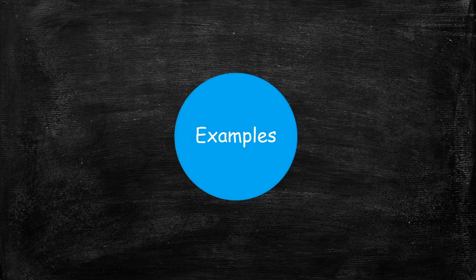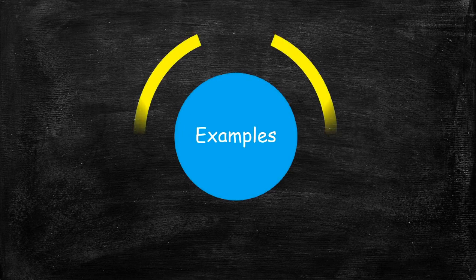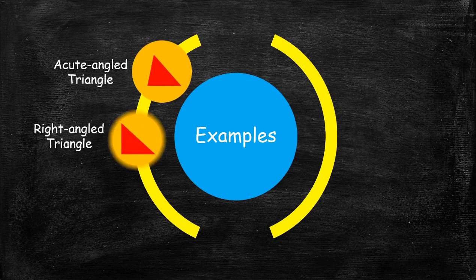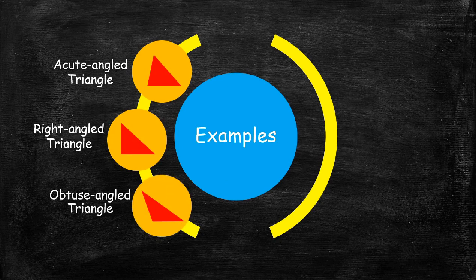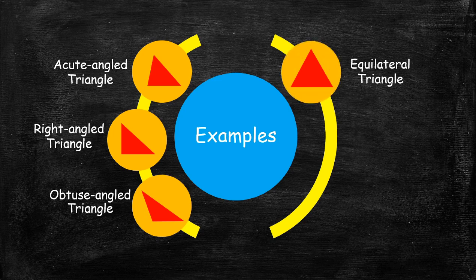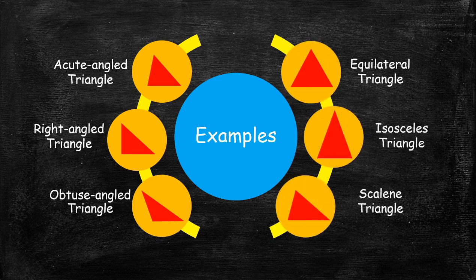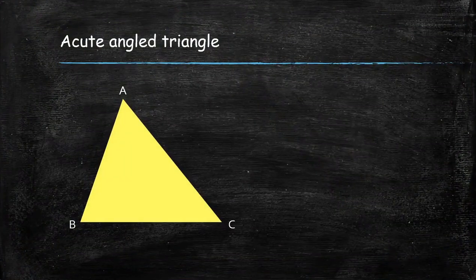Now let us see examples of all the types of triangles. Acute angle triangle, right angle triangle, obtuse angle triangle, equilateral triangle, isosceles triangle, and scalene triangle. So let's see acute angle first.